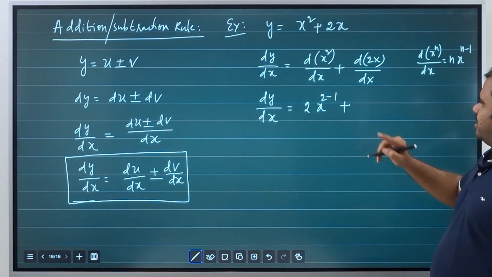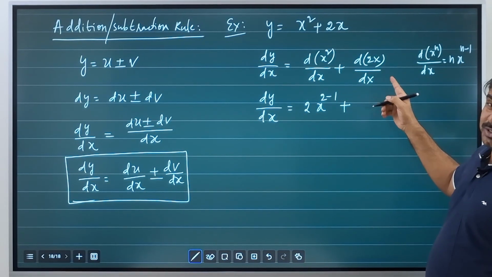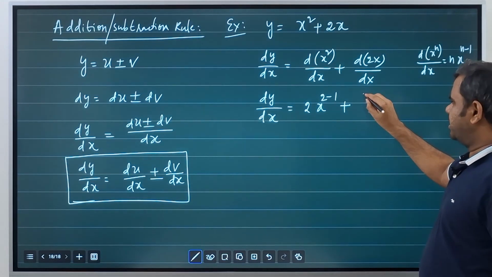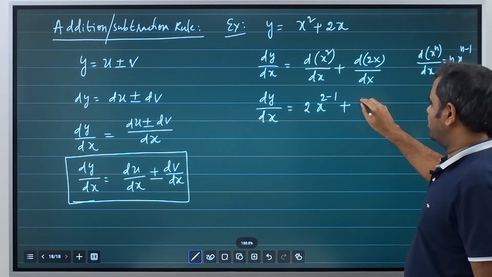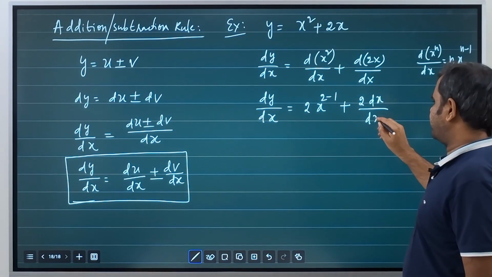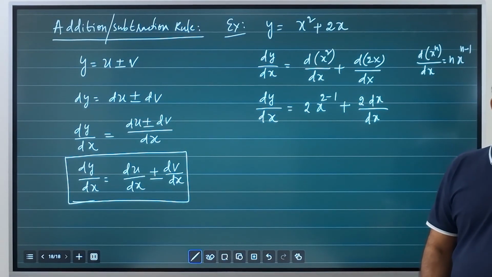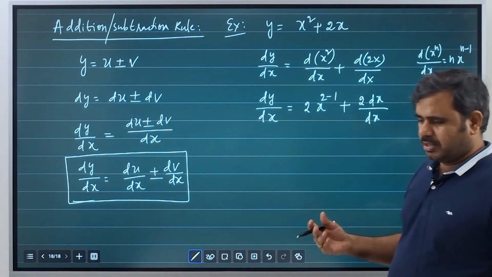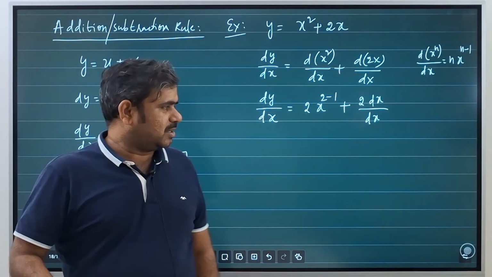Now look at the numerator here. The numerator is change in x. Change in x is equal to 2 times change in x.